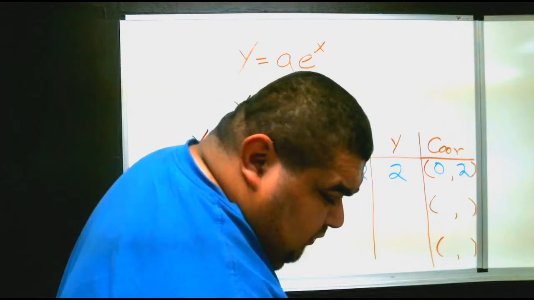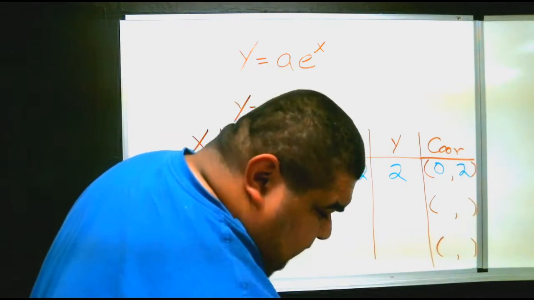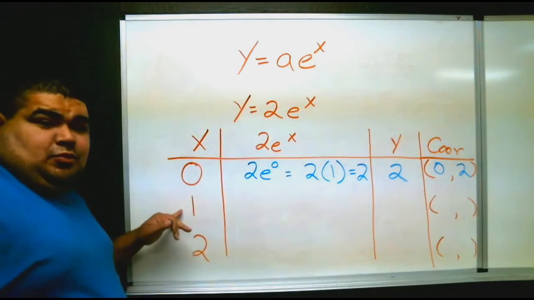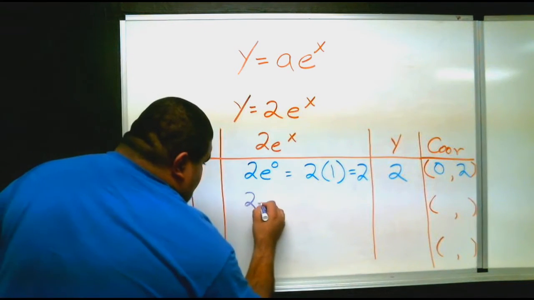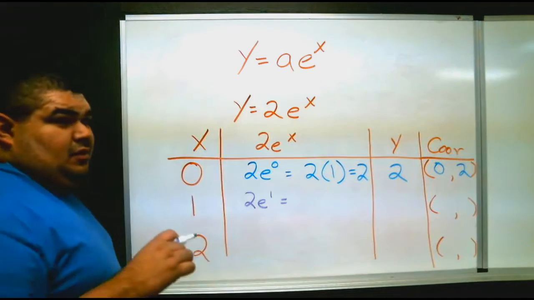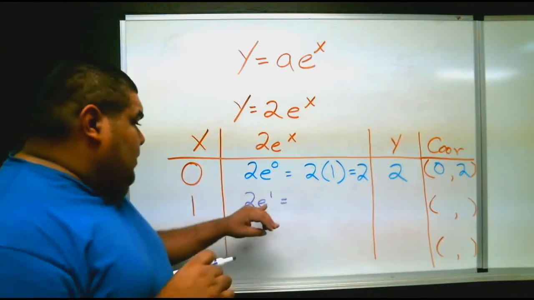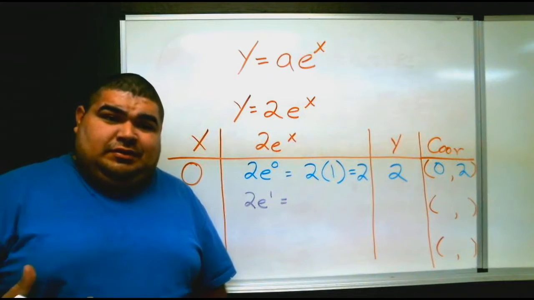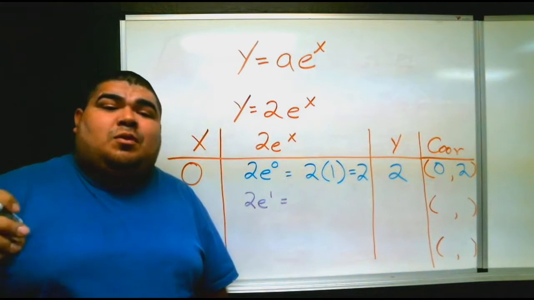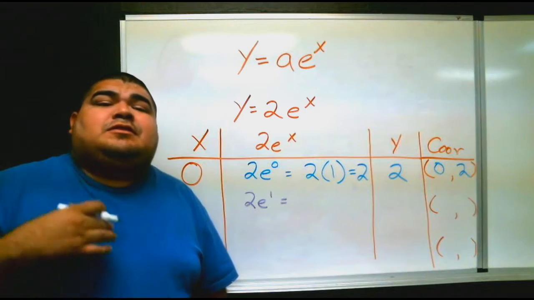Now we're going to move on to our second coordinate. Again, we're going to use 1 this time for your exponent, for your x. So we have 2e to the 1. When you're dealing with 1 as an exponent, it's just the value itself. 1 to the first power is 1. 100 to the first power is just 100.